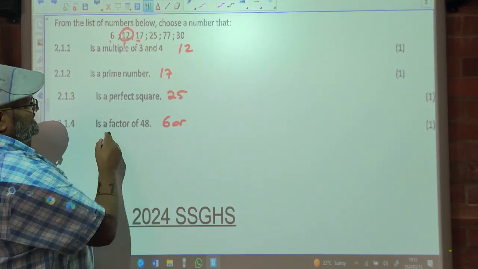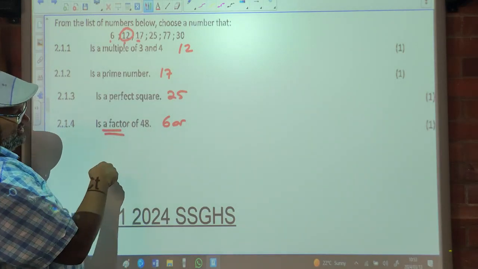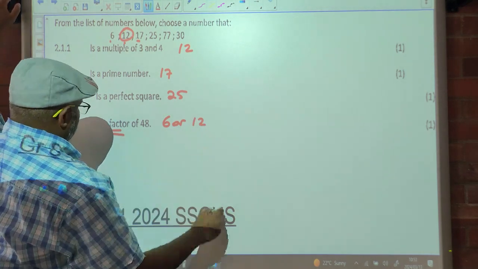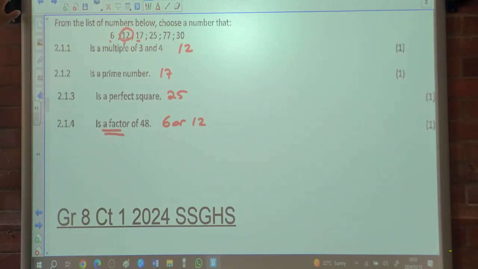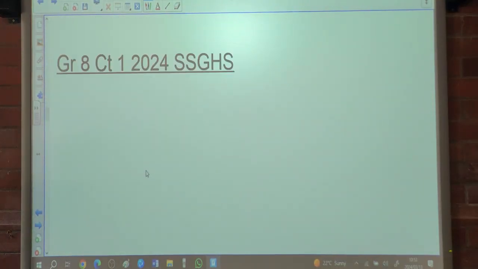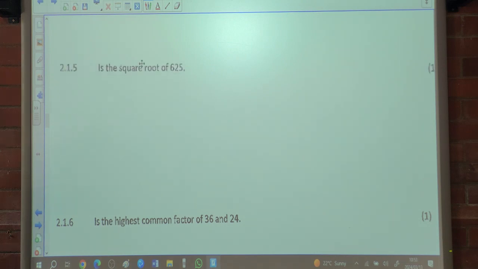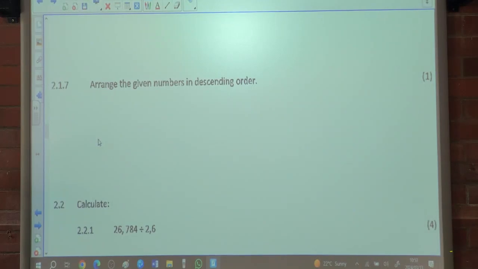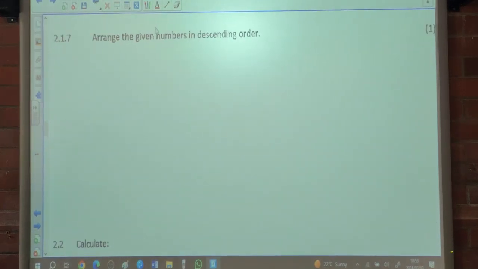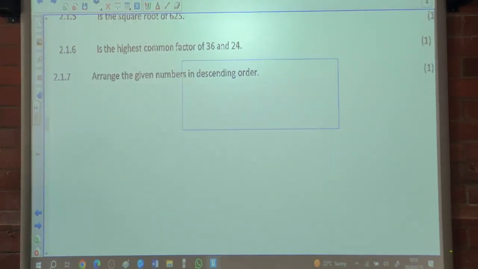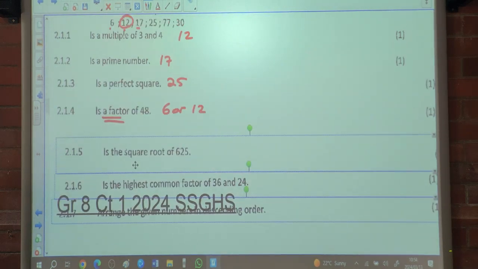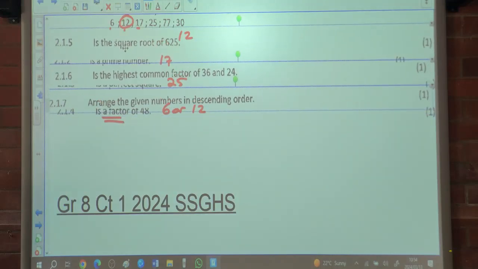Because it said A, you could have written 6 or 12. 12 is also a factor of 48, which means you can divide into that number without a remainder. Remember, this is primary school.